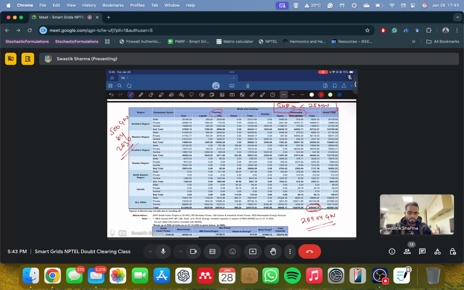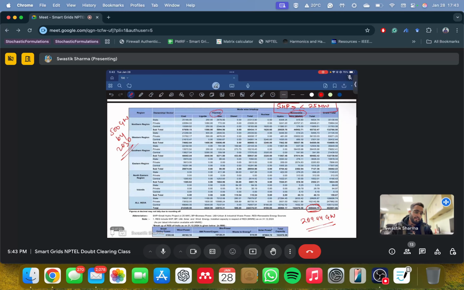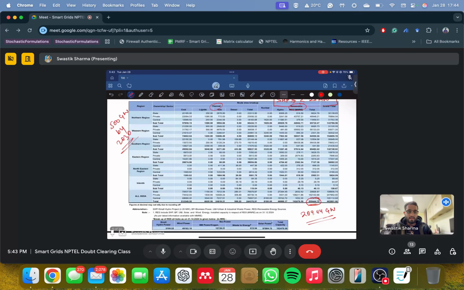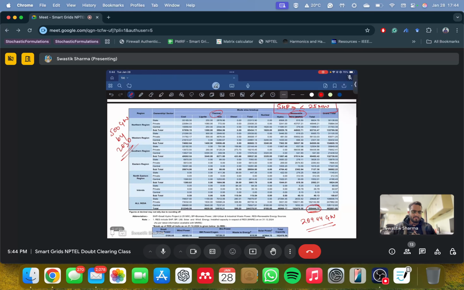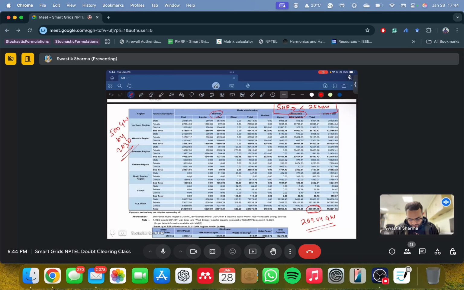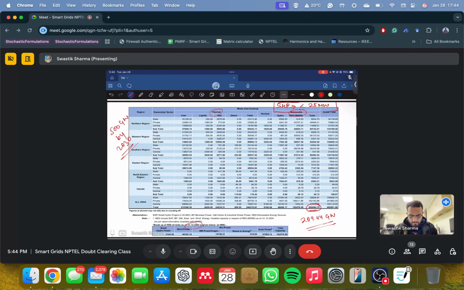I think solar generation is only 89. Solar generation is also not 89, I feel it's around 120, 140. So 217 gigawatt by 2025, I mean, whatever it is. 207. Yeah, so it's 2024. This data is up until 31 December 2024. So we are going to reach that capacity, but it's going to take a very large amount of time, that's for sure. What can support this is a smarter grid.